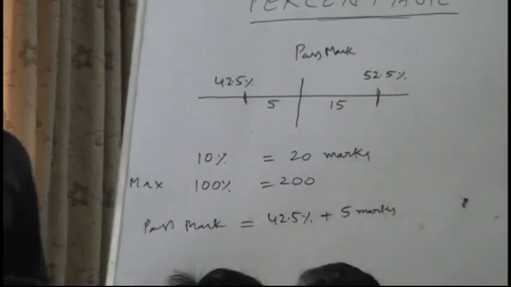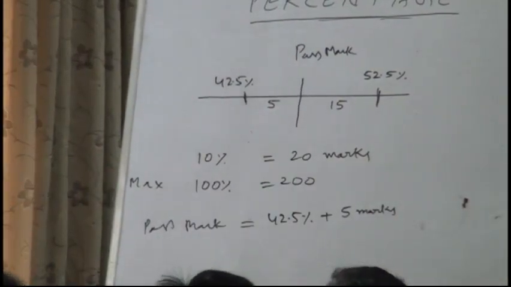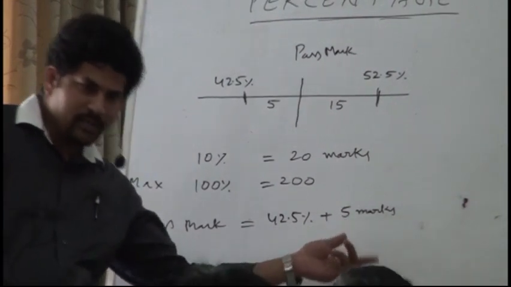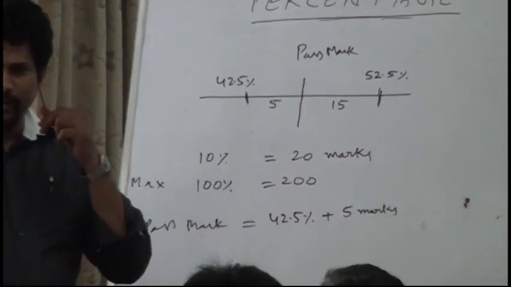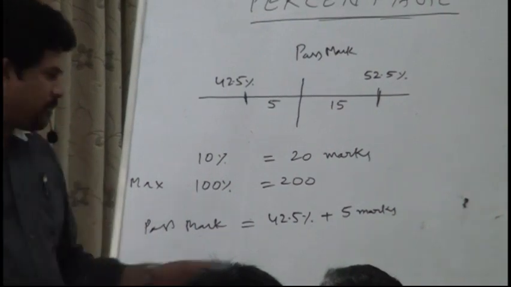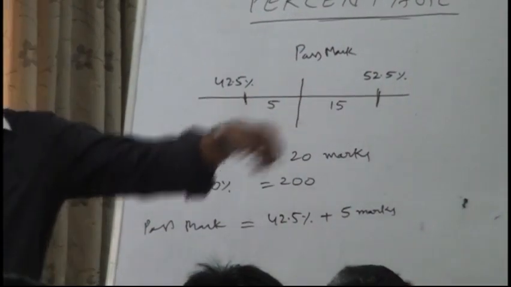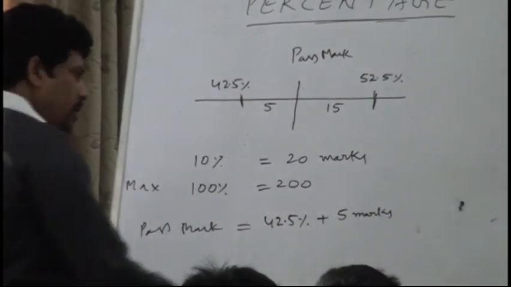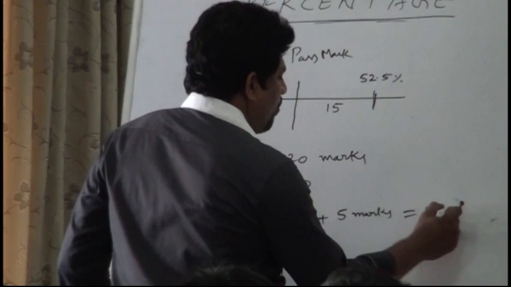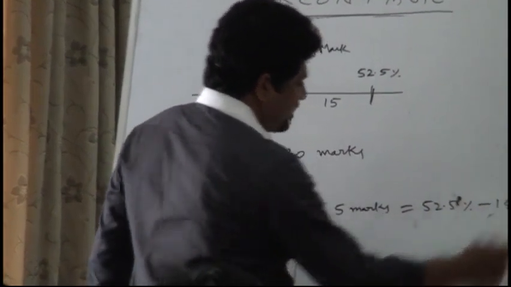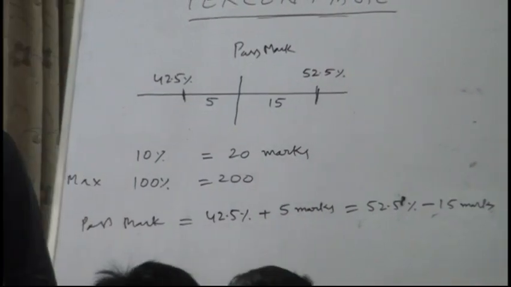First case he failed by 5 marks. He scored only 42.5%. If he scores another 5 marks, he will get through the exam, right? So pass mark is 42.5% of the total marks plus 5 marks. Or 52.5% minus 15 marks, because in the second case he got 15 marks more than the pass mark.